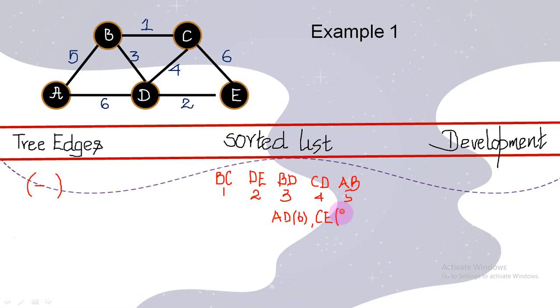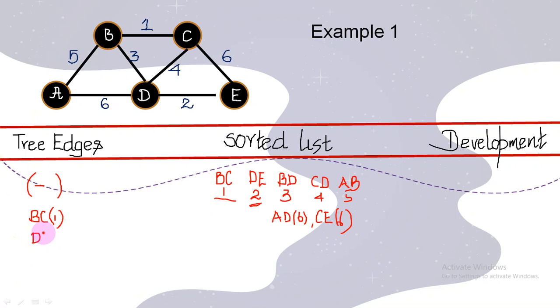Naturally, it has to choose BC. So BC is included as a part of the minimum spanning tree, as a subgraph of the given graph. Next, in the next cycle, it will select DE. By selecting DE, there is no question of formation of a loop.